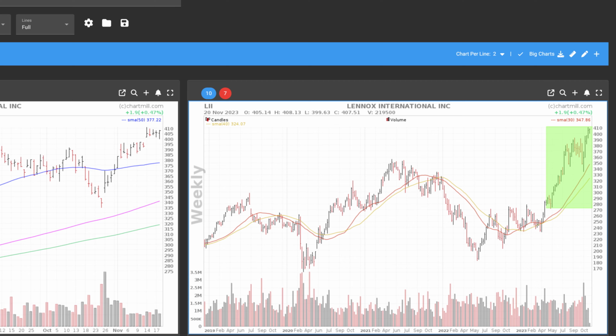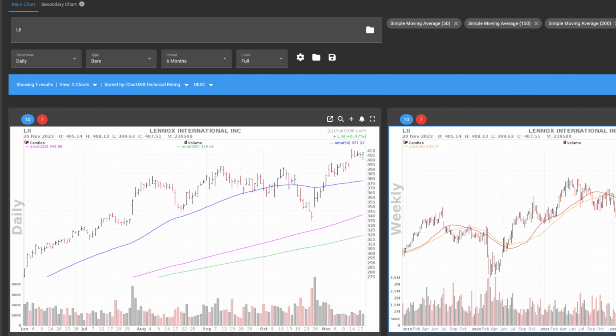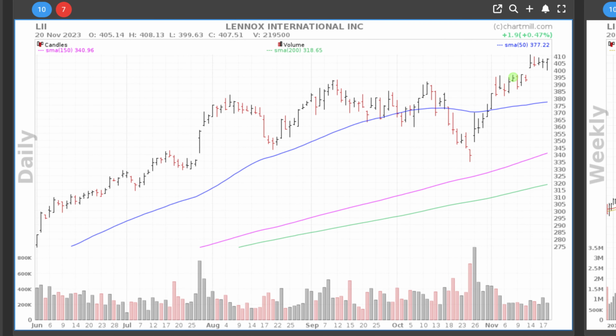And on the daily chart, my first entry was on the 8th of November. This candle, just above this resistance level. That's actually an ascending triangle, so a volatility contraction pattern. And after yesterday, what we see now is a bullish flag.